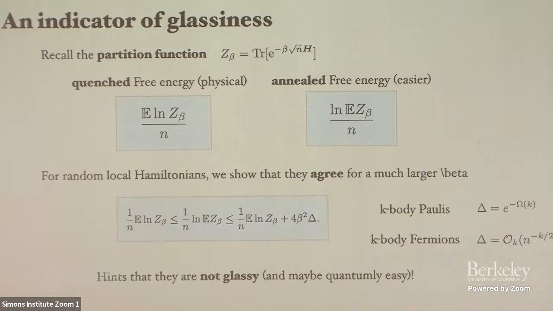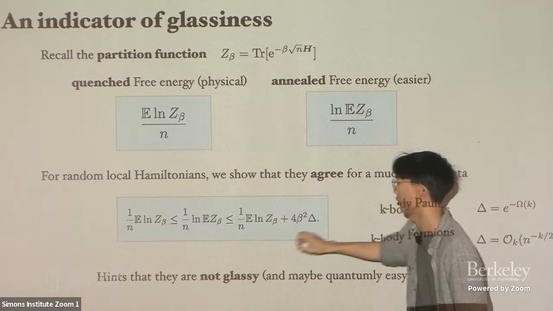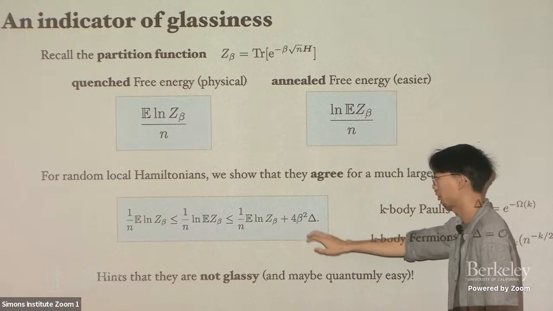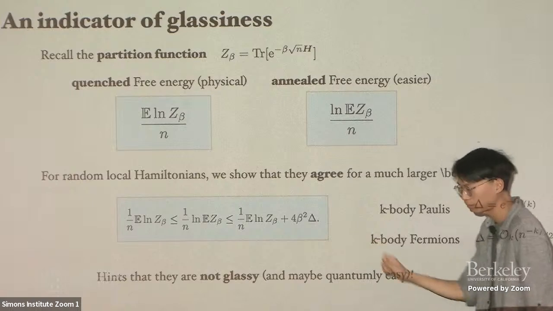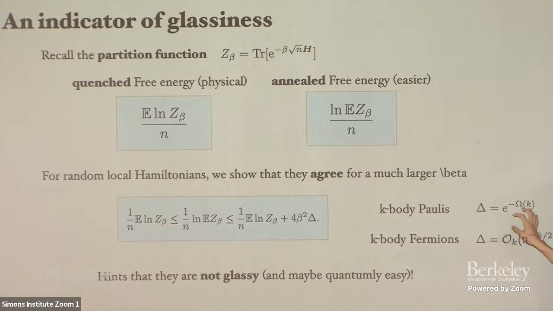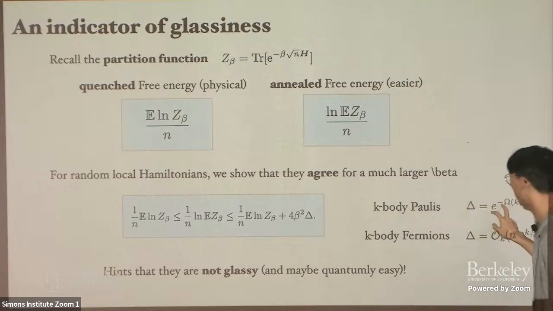Okay, so here's what we show. We just directly sandwich these two quantities. This bound always holds, and this bound is what we show. So we show that the error between these two quantities is bounded by this number. And for Paulis, this number is decaying with k. So for k-local Paulis, it still seems that this is not completely satisfactory.